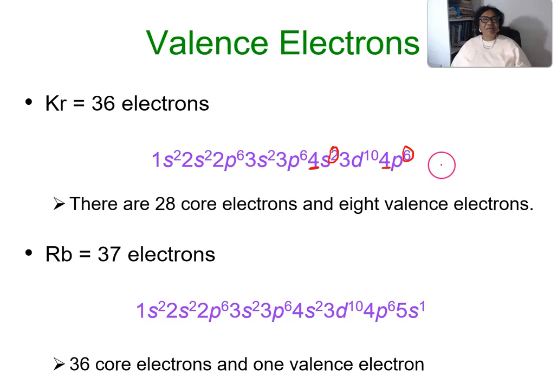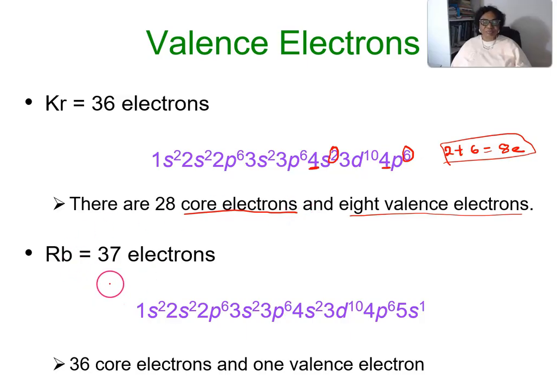Those are krypton's valence electrons. 2 plus 6 equals 8 electrons. So the valence electrons for krypton is 8. And we have 28 core electrons and 8 valence electrons.